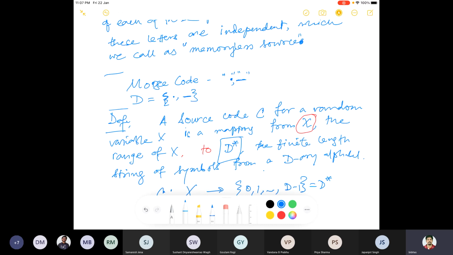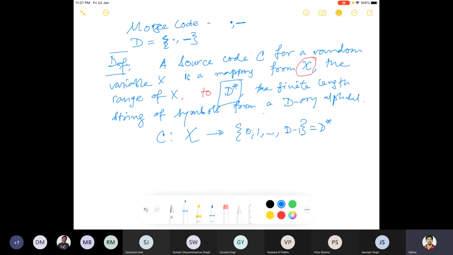Now, what is a code word? The code word means C of X. So once you pick a particular X from this set X, then this is called a code word.